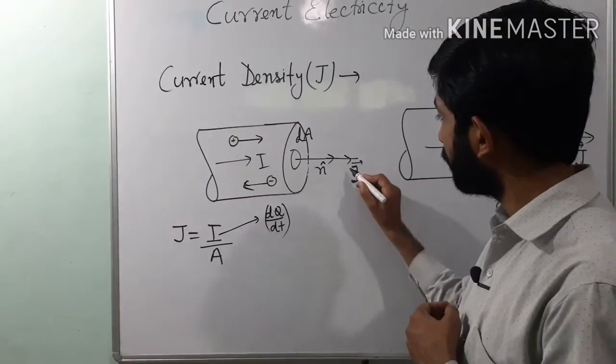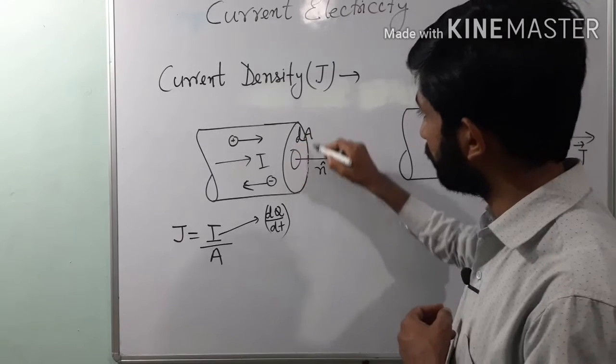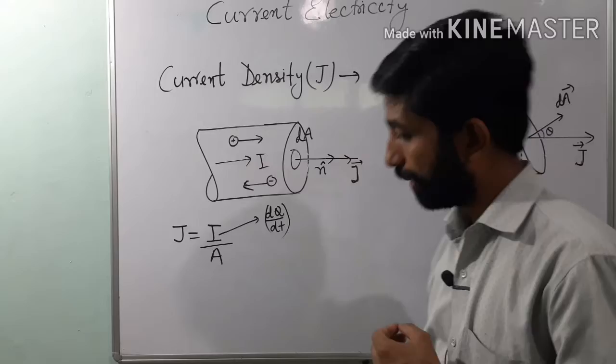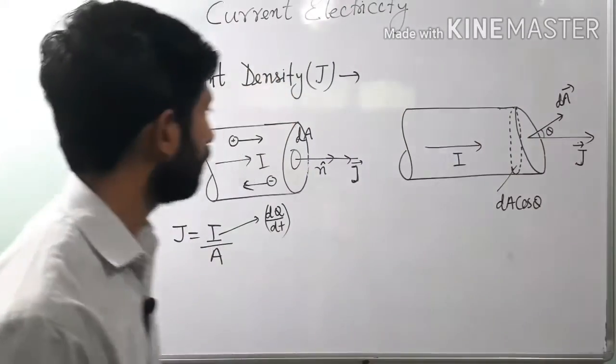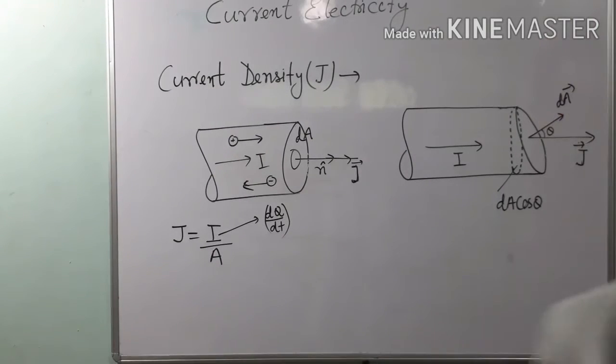So that is the direction of what? Normal to this surface. And if current is normal to this surface, then we simply get the maximum value of J.